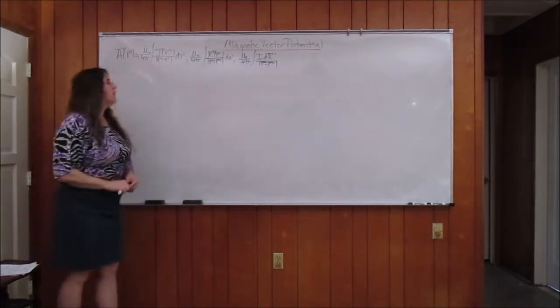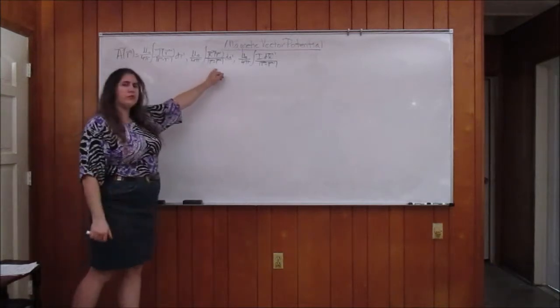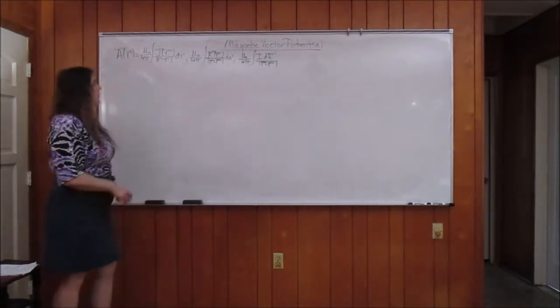And here are now the vector potentials for both surface current densities and also for line currents.